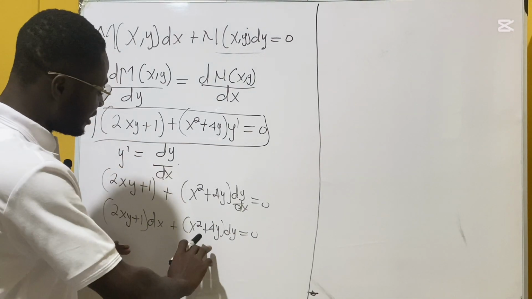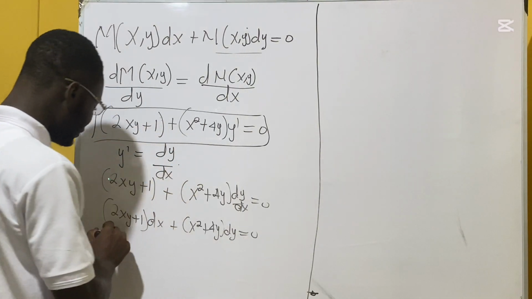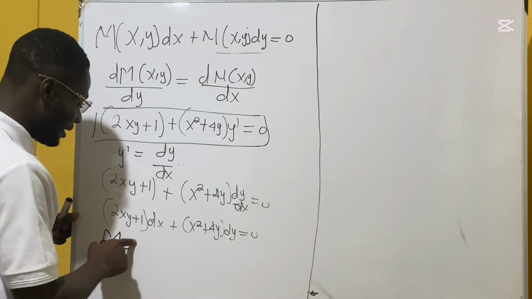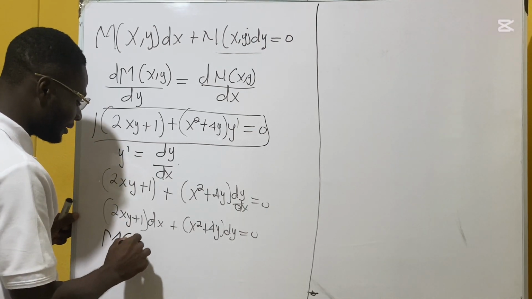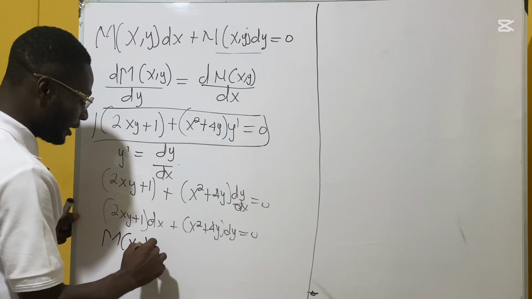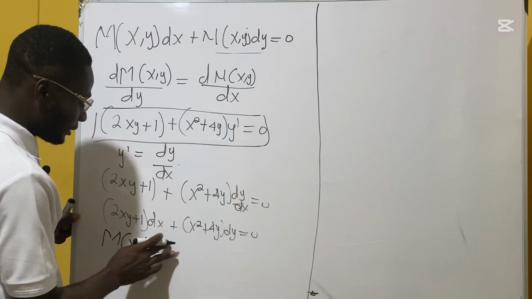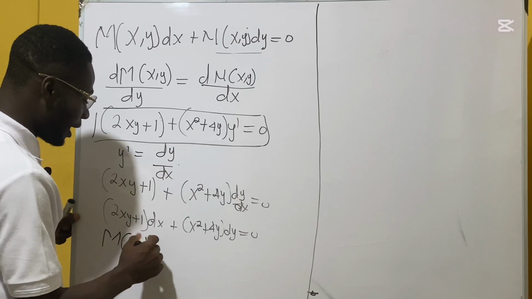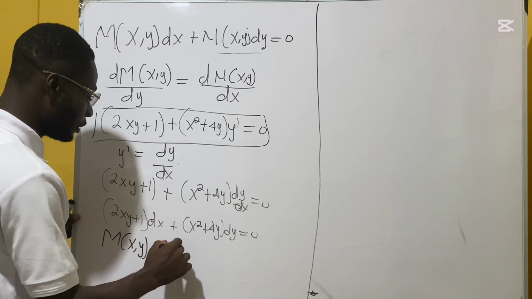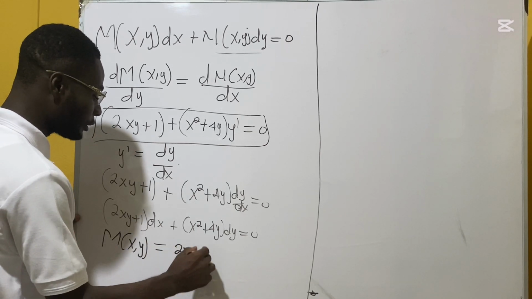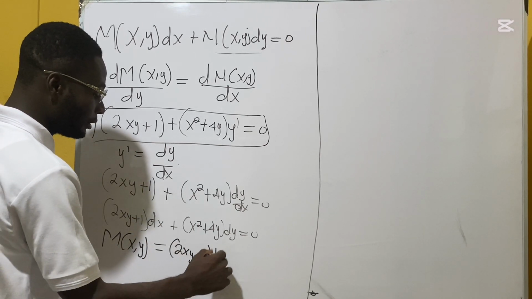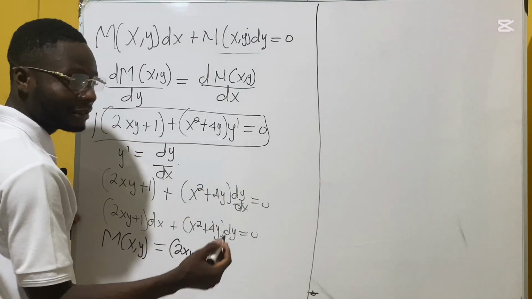So we represent the first term as M of x and y, equal to 2xy plus 1, with dx.